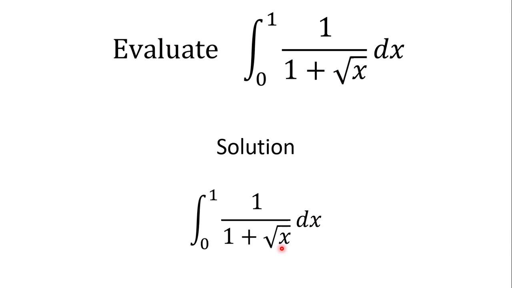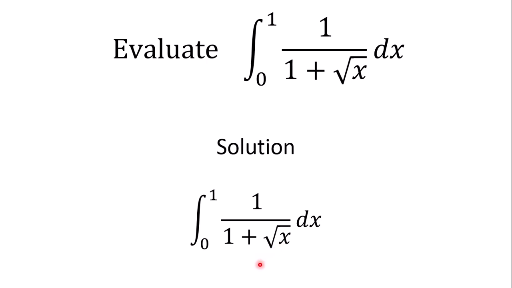But here in this video, we are just going to let U be equal to square root of x. You can let the whole of this be equal to U and you still get the same answer, but we're not going to do it that way. I'm just going to let U be equal to this and work out the solution in bits.